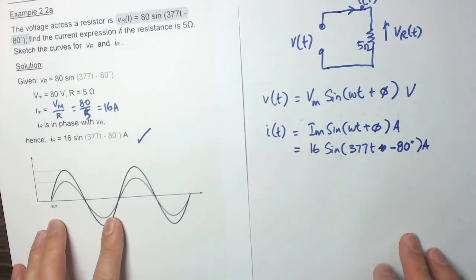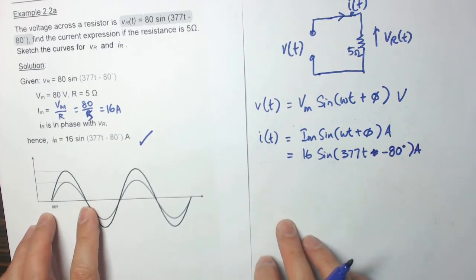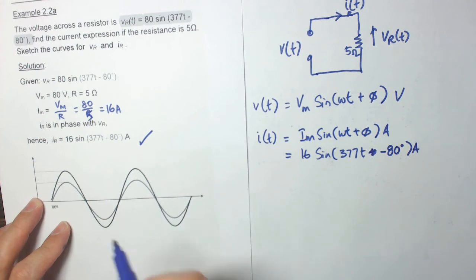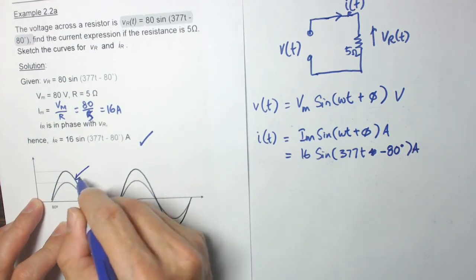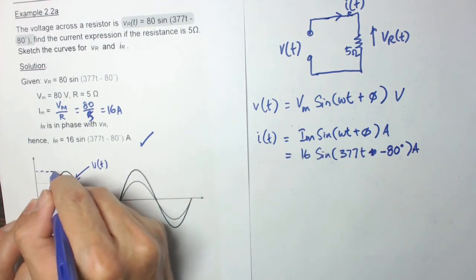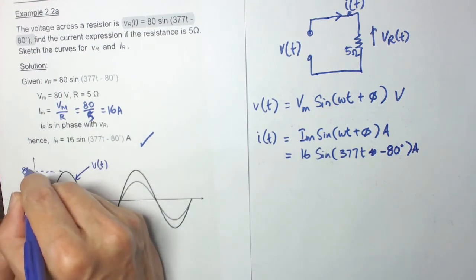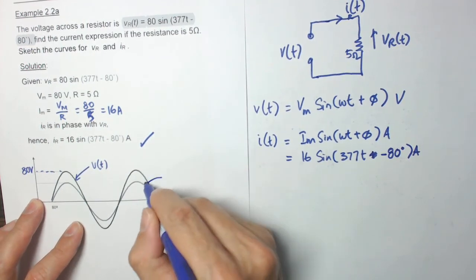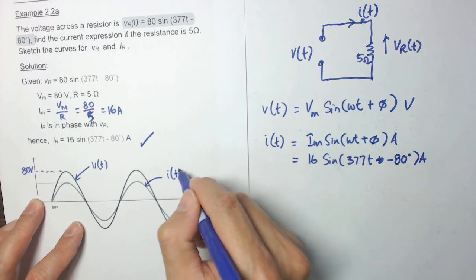Now I want to finish the waveform. There are two waveforms given in your notes, so which one should be voltage? Usually I would use the first one as voltage, so I say v(t) with a maximum value of 80 volt. And the second waveform, which is this one, is i(t).